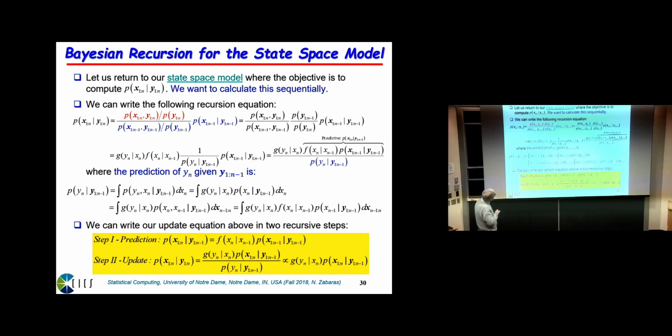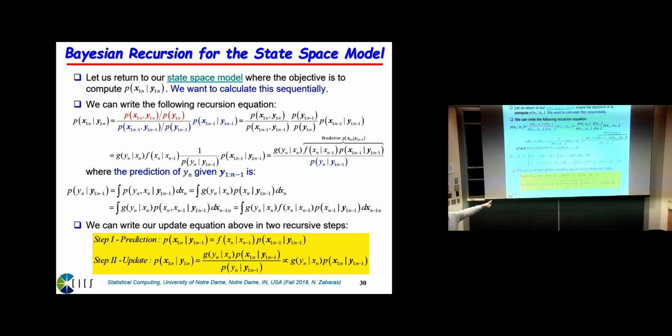Now, you remember the expression for the joint distribution? Remember, the joint distribution is the unnormalized posterior. How do you compute the joint distribution for our state space model? It was the product of many terms, right? Prior times likelihood.